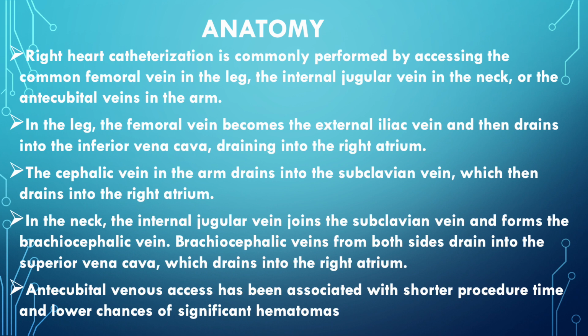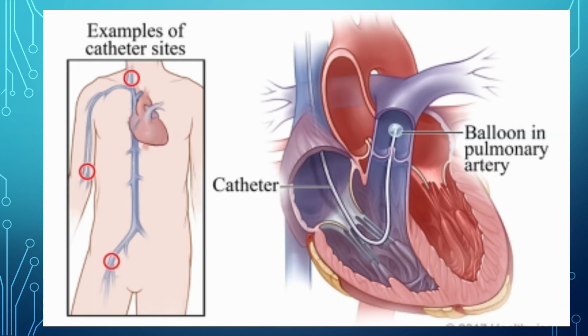The antecubital vein access has been associated with shorter procedure time and fewer chances of significant hematomas. And we can see here the pictures for the anatomy. You can see the femoral access, and it goes to the femoral vein until we reach the inferior vena cava. And when we reach the inferior vena cava, you can reach the right atrium.